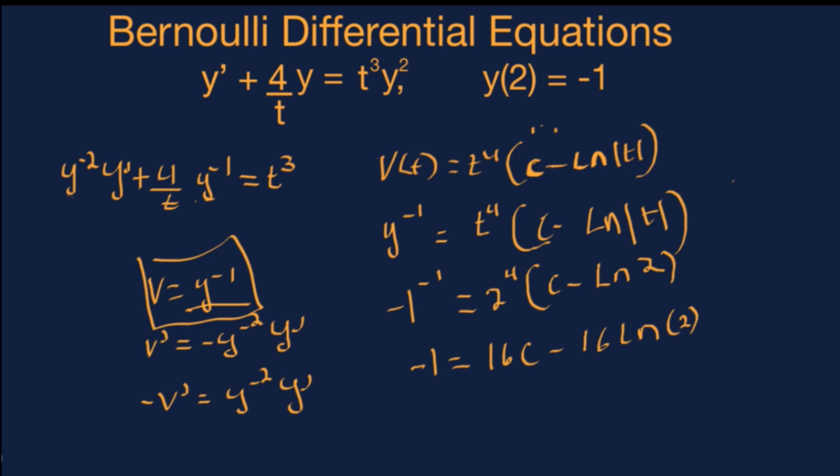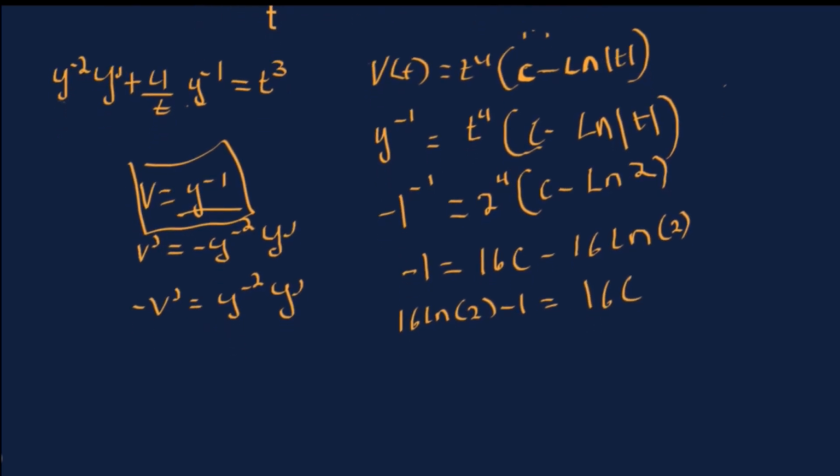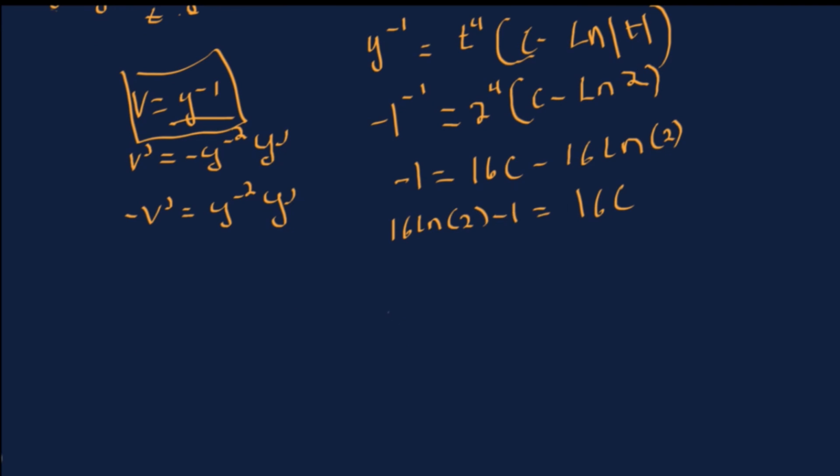So when we add 16 times the natural log of 2 to both sides, we get 16 times the natural log of 2 minus 1 is equal to 16c. So when we divide 16 from both sides, we get the natural log of 2 minus 1 over 16 is equal to c.